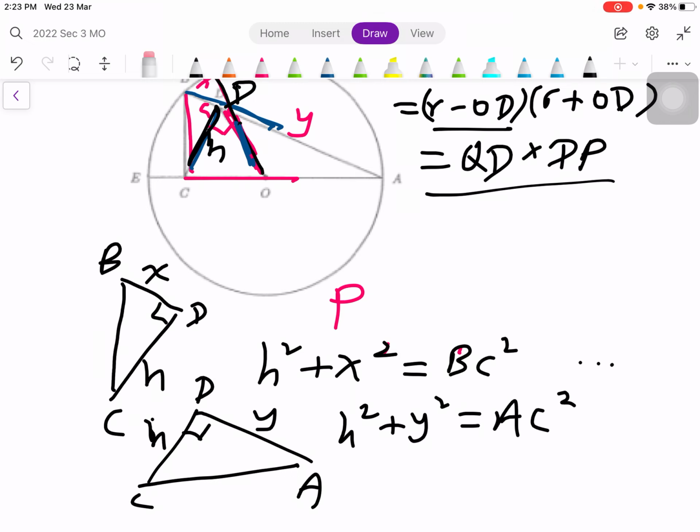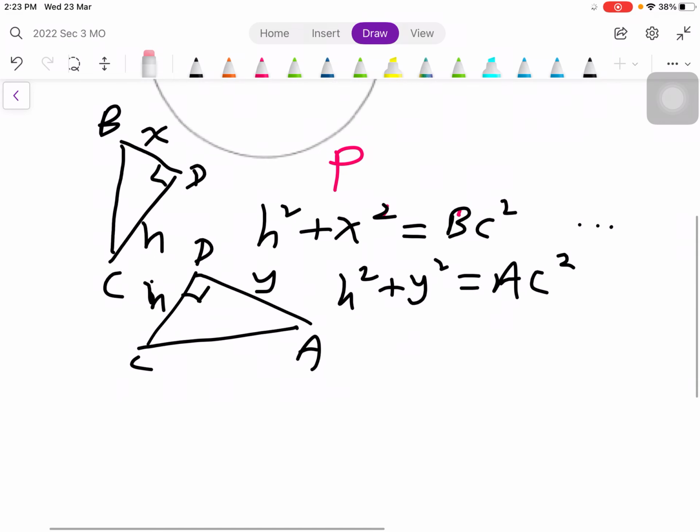Okay, then we know the area of the triangle. Can I draw this triangle here?